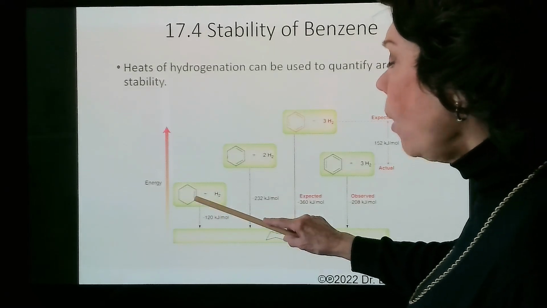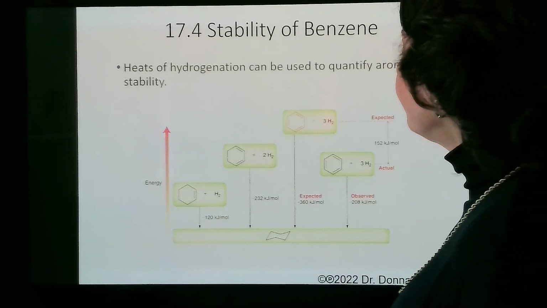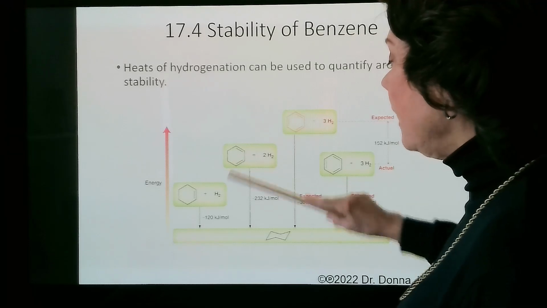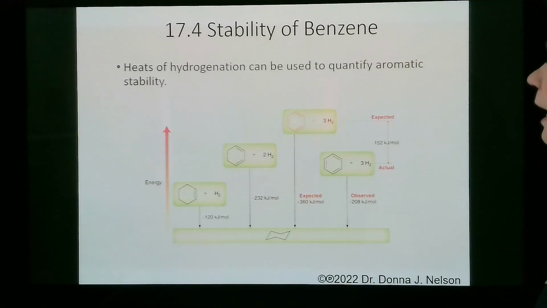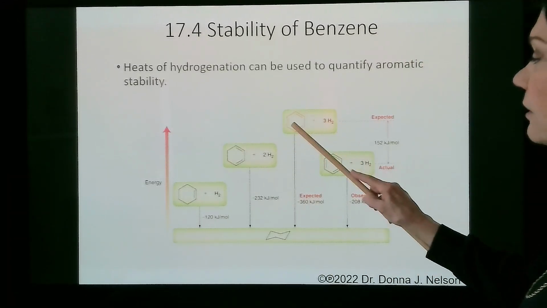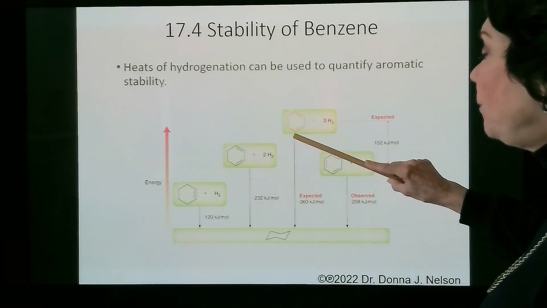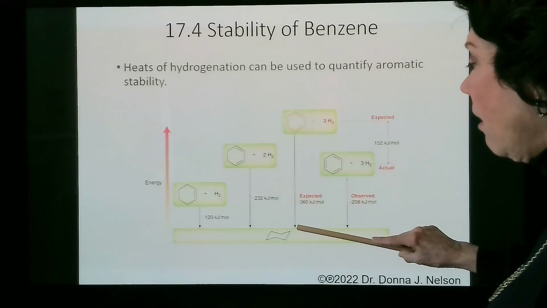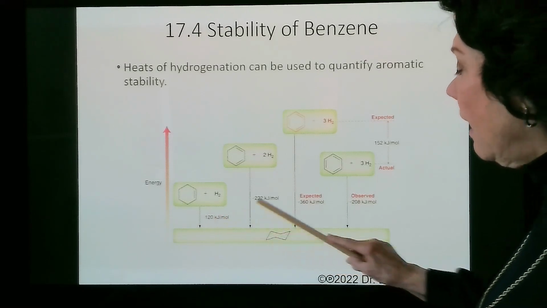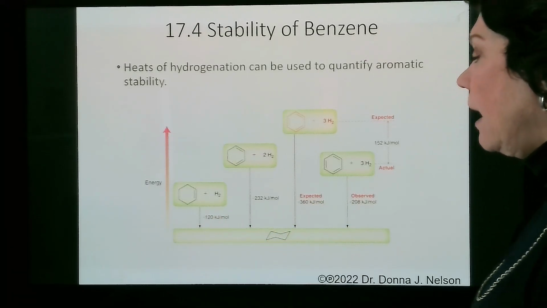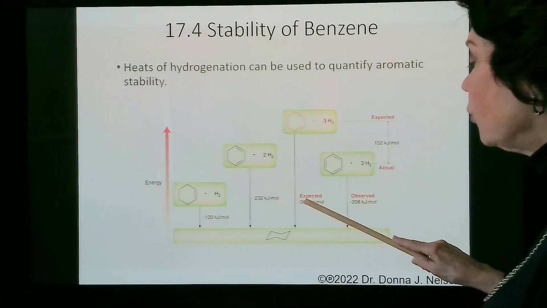So one isolated double bond is worth 120. Two conjugated double bonds are worth 232. And this is a theoretical molecule. This has not been synthesized. It does not exist. And so its expected energy that would be given off could be calculated to be 360 kilojoules. That number is taken by tripling this 120. 3 times 120 is 360.